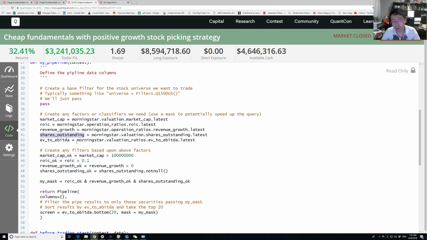Shares outstanding, this is very obvious. EV to EBITDA is essentially a way of calculating cheapness, but trying to strip out both depreciation and taxation and interest rates, so capital structure effects.